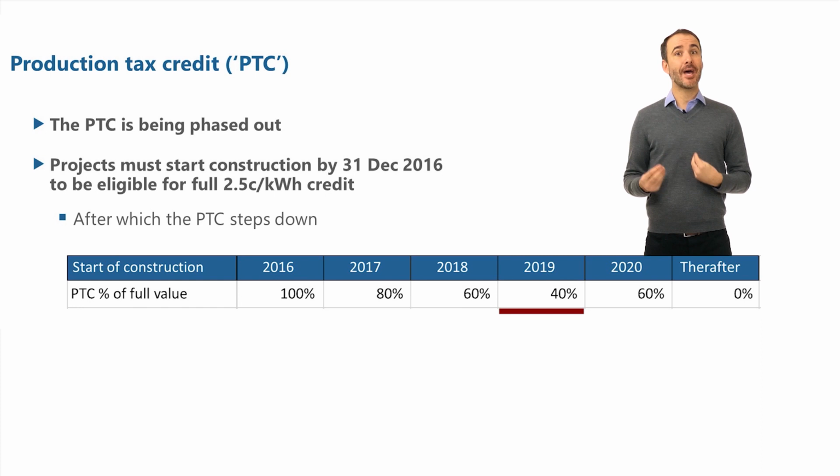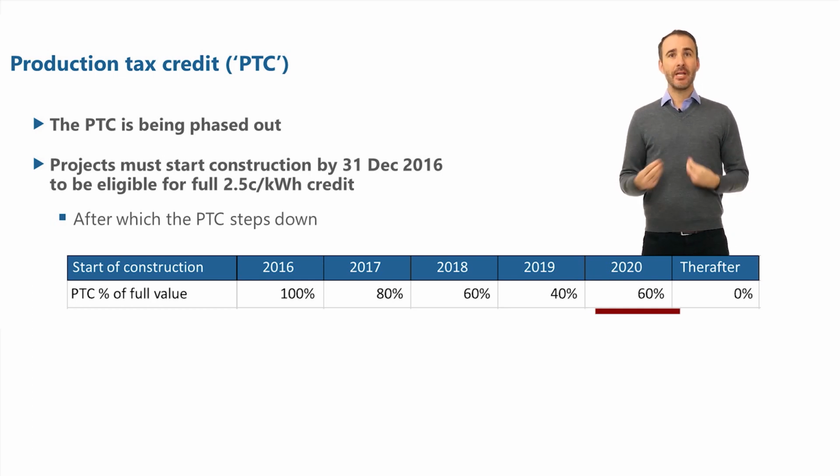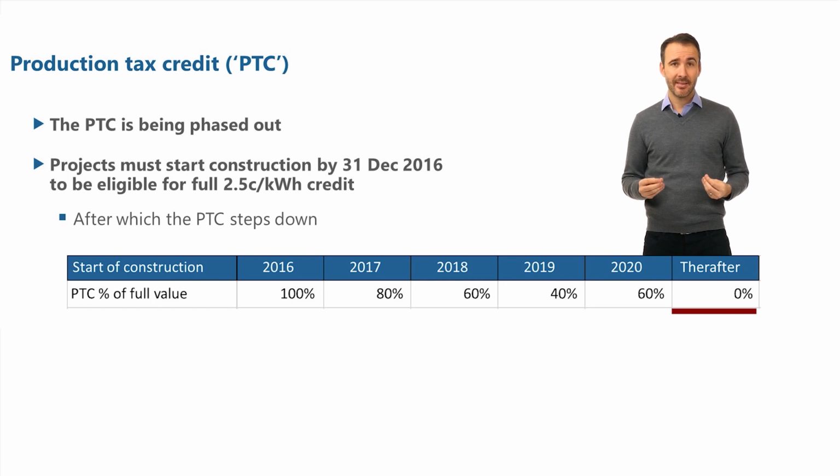Until the December 2019 tax extenders bill, the PTC was fully phased out for projects starting construction in 2020, this year. But the recent tax extenders bill allows projects that start construction this year, in 2020, to receive 60% of the full PTC value, or 1.5 cents per kilowatt hour, but then fully phases out the credit for projects that start beyond 2020, from 2021 and beyond.